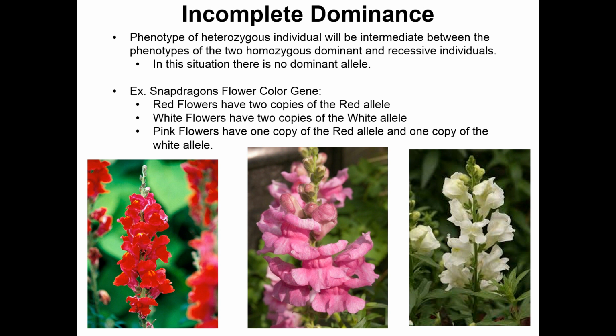Here in incomplete dominance, you have a heterozygous individual, and this heterozygous individual is going to express a phenotype that's an intermediate between the dominant and recessive phenotypes. So in incomplete dominance, there's no dominant allele.